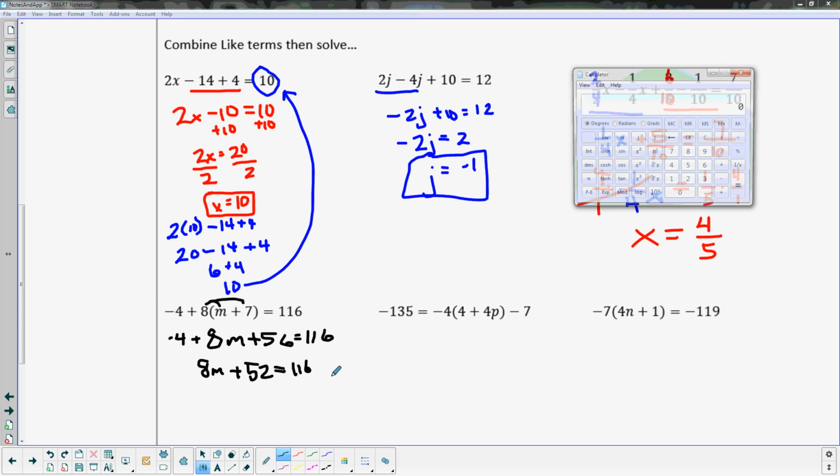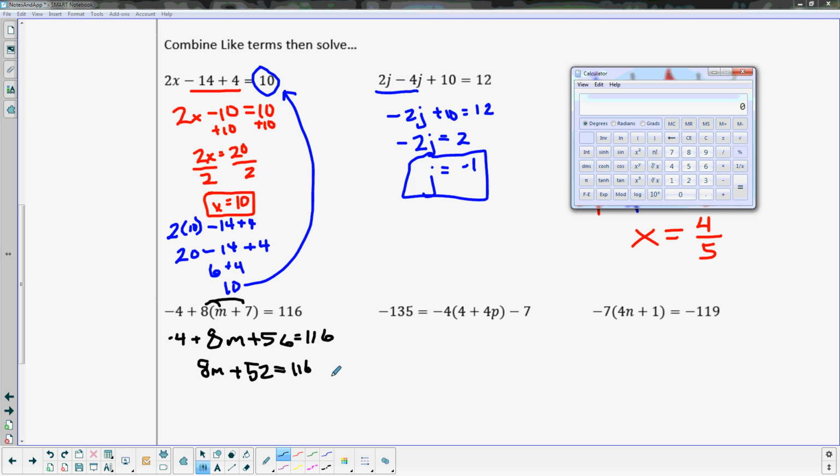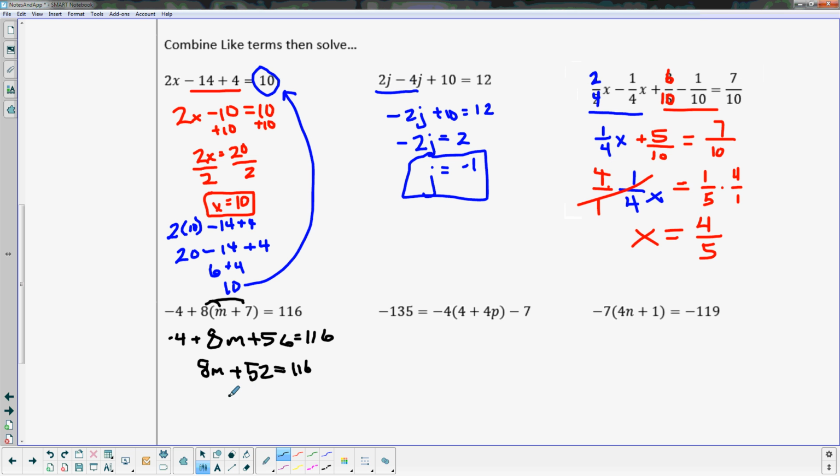And then we can go 116, how about minus 52? Gives me 64, so 8m equals 64. And then when I divide both sides by 8, I'll get m equals 8. And there we go.